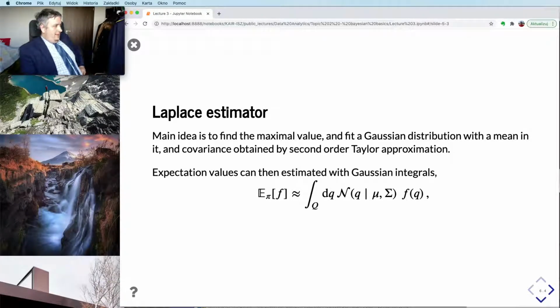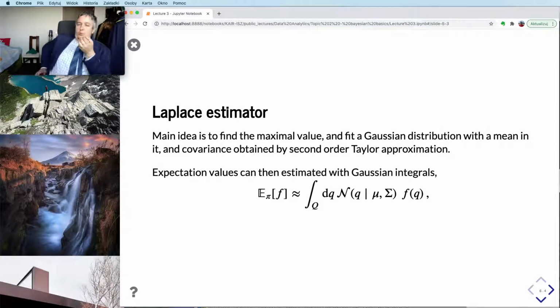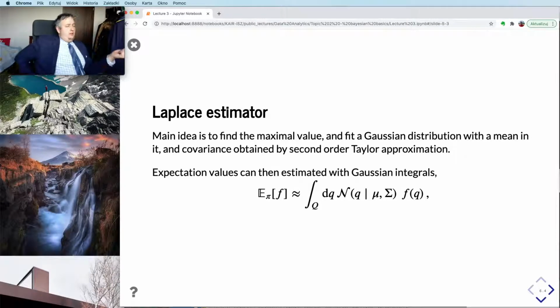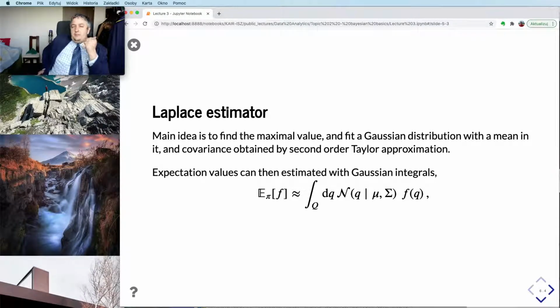The idea of creating the Laplace approximation is that we need to again find the maximum of our distribution. Then, at that maximum, because it's a maximum, the Hessian is negative definite, and because of that we can construct an approximation to our distribution by a normal distribution, where the mean is the location of the maximum, and the covariance matrix is given by the matrix of second derivatives of the distribution function at that point.